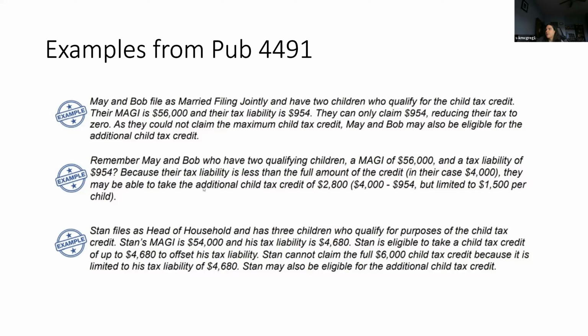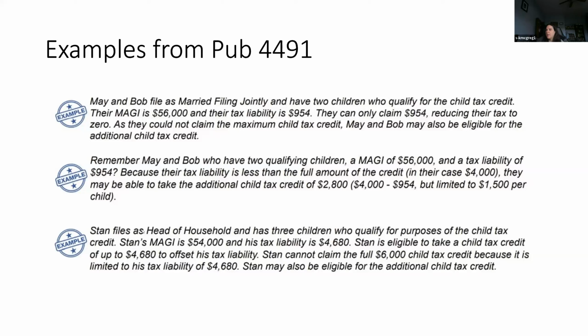But they can take some of the additional child tax credit though. There is a calculation on the 8812, which is the form to do the child tax credit, that will calculate this for us.